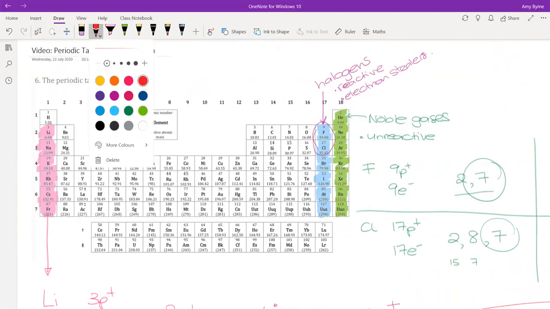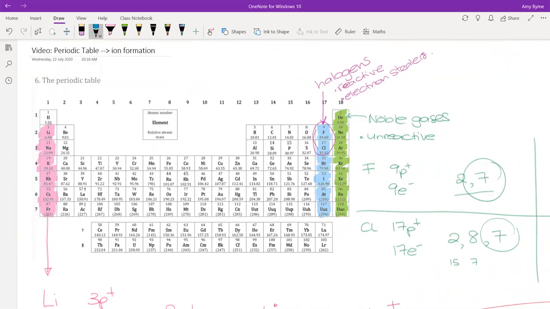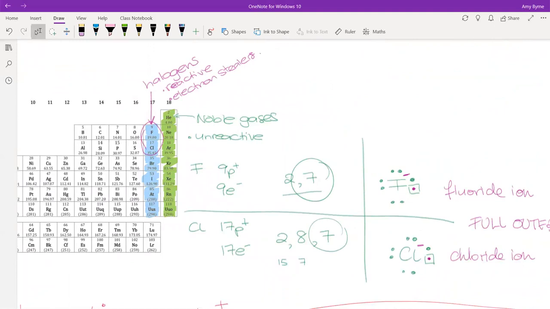This idea that atoms want those full outer shells, that the noble gases is what we want, that is called the Octet Rule. However, again, if you study chemistry with me next year, I will explain to you that it's really more of a guideline.